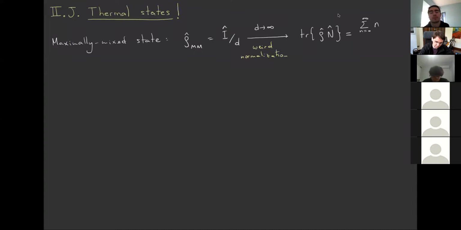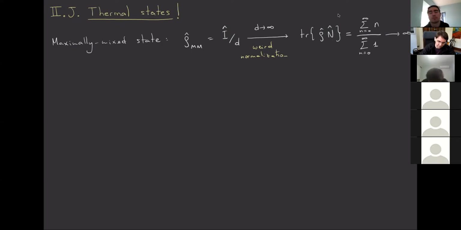That comes from the trace of the number operator n, divided by the dimension D. But the dimension D, I can write like this, the sum from 0 to infinity of 1. So I sum 1 an infinite number of times, and this goes towards infinity, because we have put the dimension D already infinity.